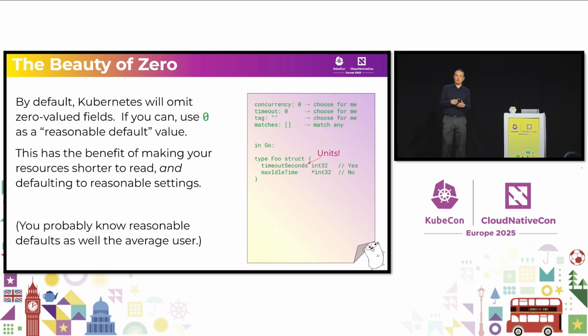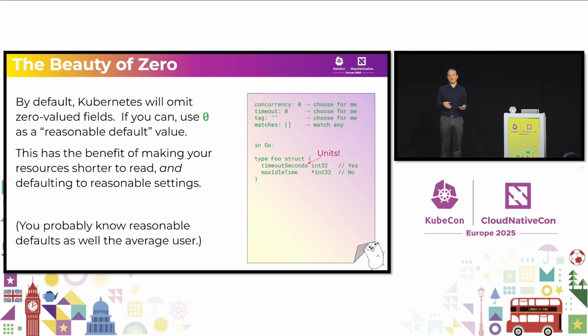And then in your code, you have to write a little, if max idle time equals null, then do this. Otherwise, if it's zero, do this other thing. If max idle time is zero, it doesn't really make sense. Like if it's a timeout, zero means as soon as you start, you have to stop. You could make that mean that, but it's not really helpful to users. So you can make it mean something useful.